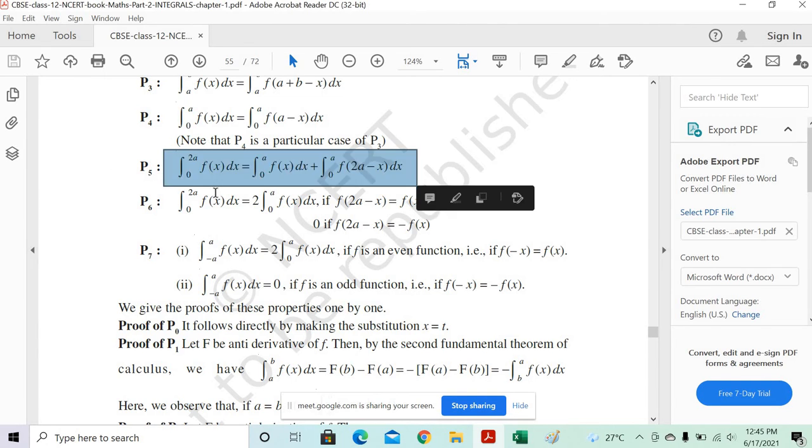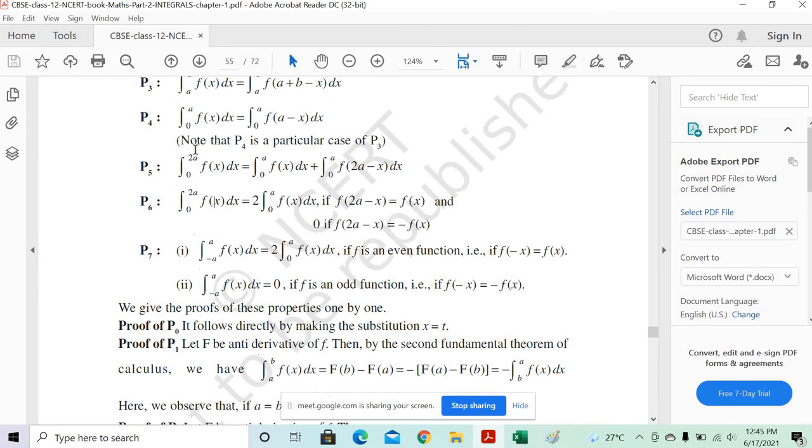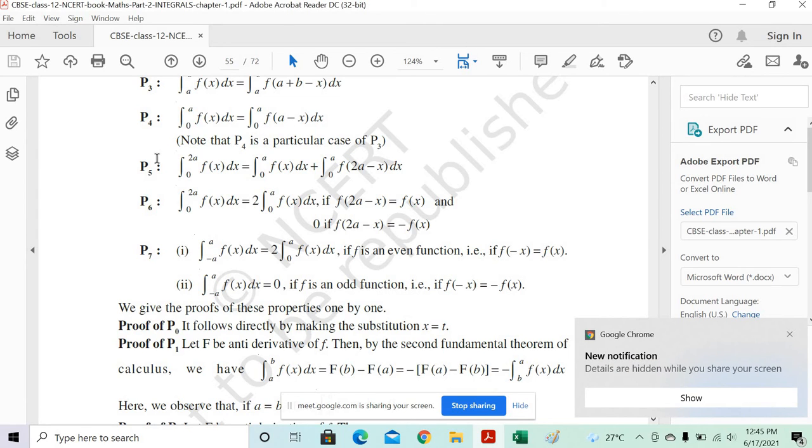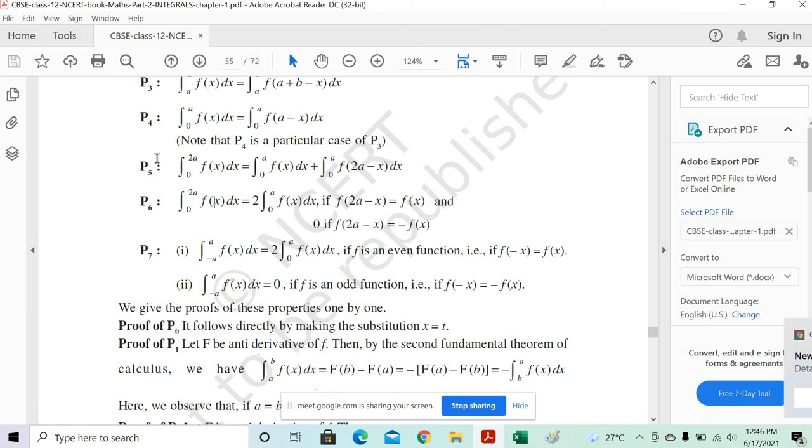Whenever the limit is double and you want to reduce it to half, you can do that. If it is 0 to 2 pi, you can make it 0 to pi only, provided you use 2 pi minus x.